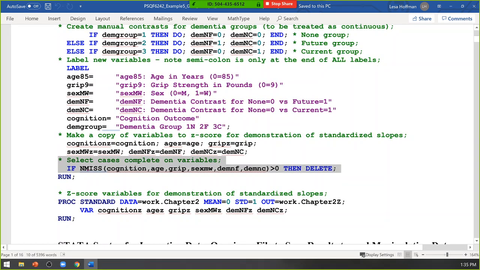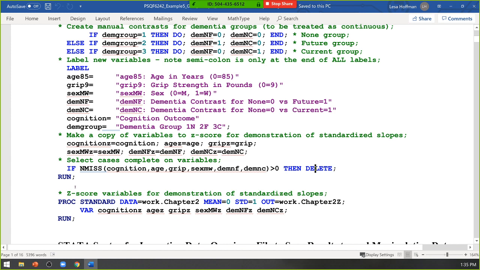So in SAS, the way that I'm doing this is using a function. NMIS is a built-in SAS function that counts the number of missing values. So if the number of missing values across this set of variables that are in my model is greater than 0, then dump them, then delete. That means all of the people who are left have all of the information to stay in all of the analyses that I would want to do.